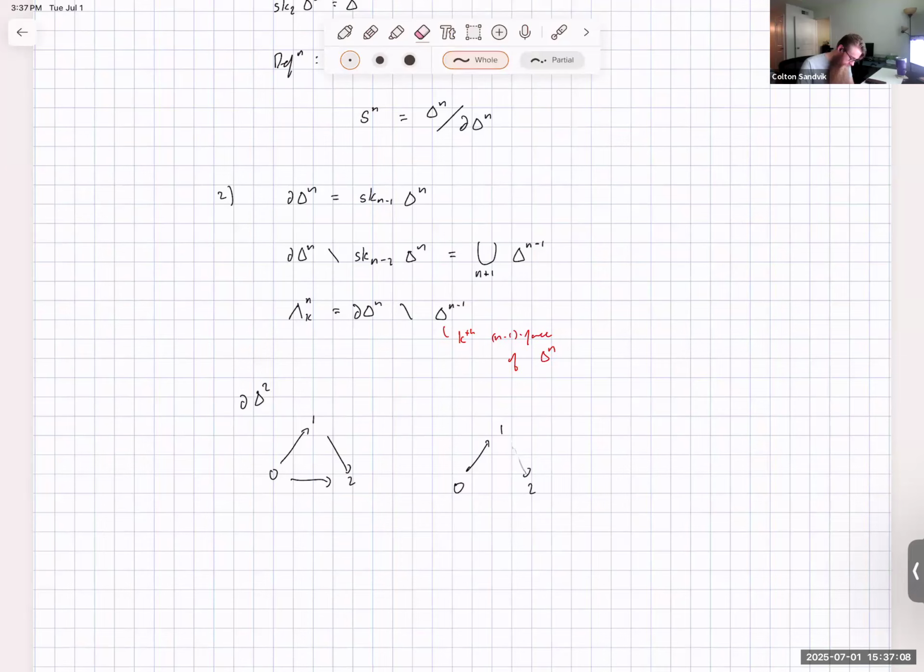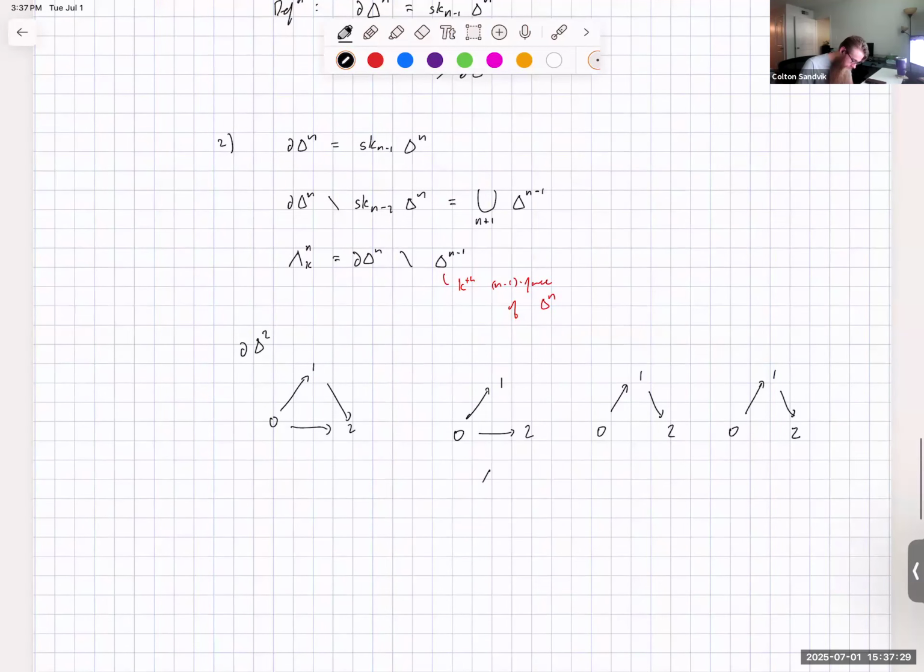I should do this in the correct order. We're removing the face opposite of that vertex in this case. So this is the 2, 0 horn. This is the 2, 1 horn. And this is the 2, 2 horn. So hopefully I got all those correct.